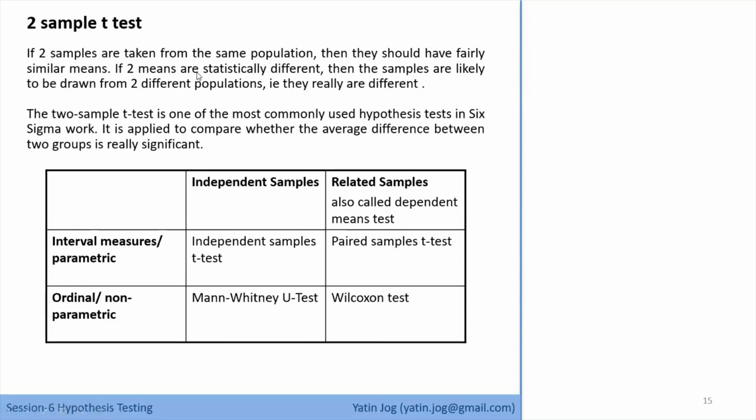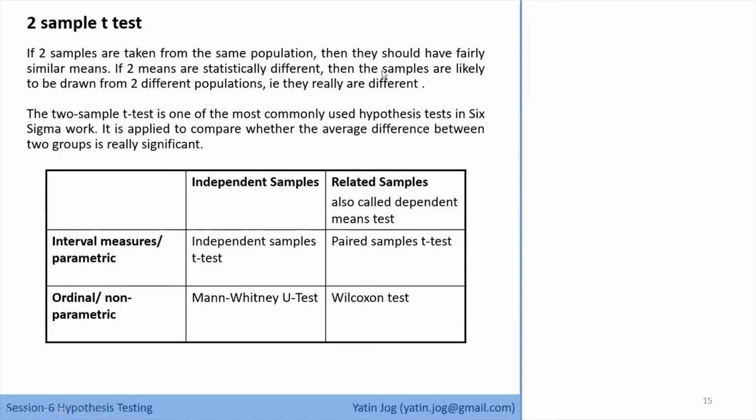If two mean values are statistically different, then the samples are likely to be drawn from two different populations. That is, they really are different. So if two means are statistically different, they are not part of the same population, they are part of different populations.